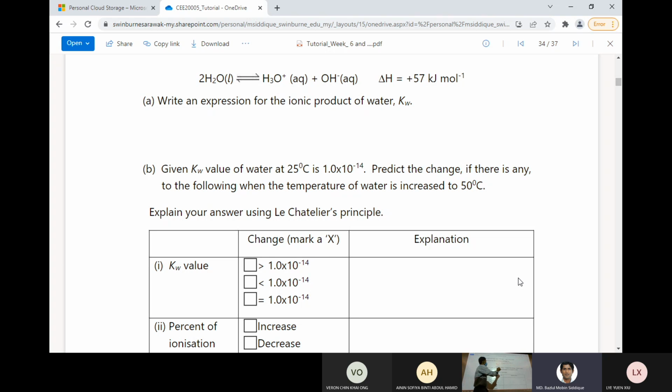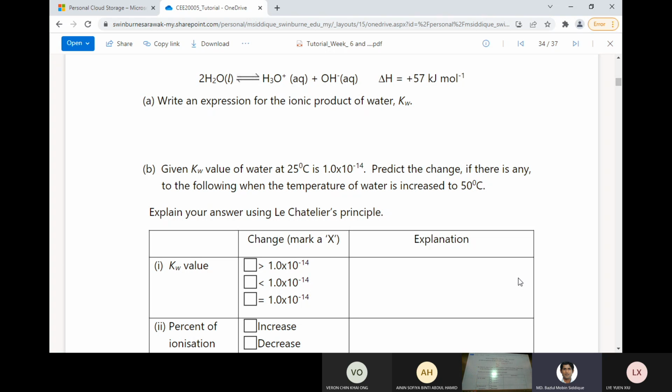If the reaction goes to this side, this concentration will increase more, right? Hydrogen ion concentration increases, and the same goes for hydroxyl ion concentration.